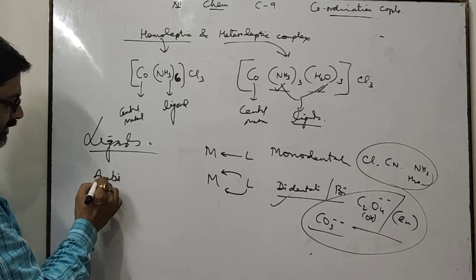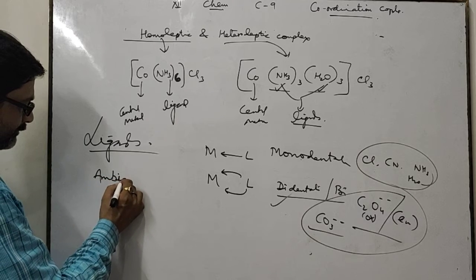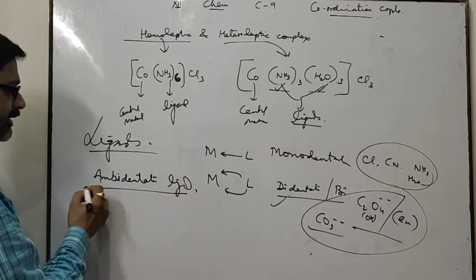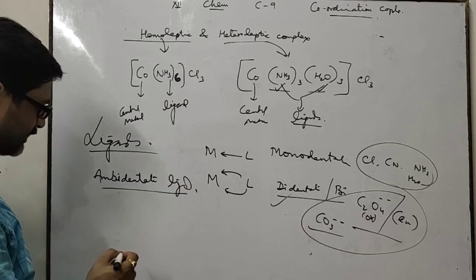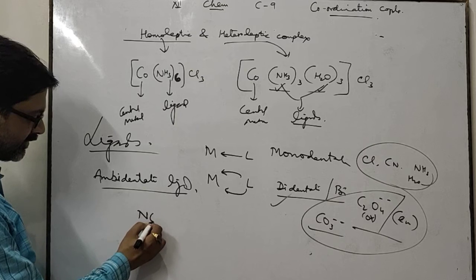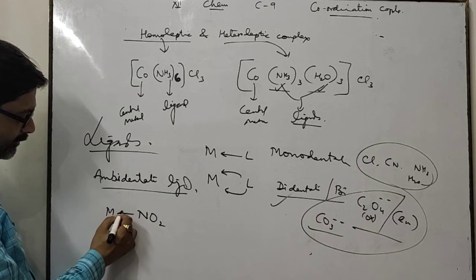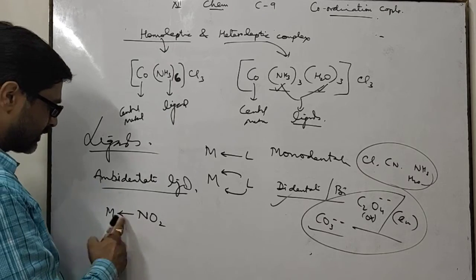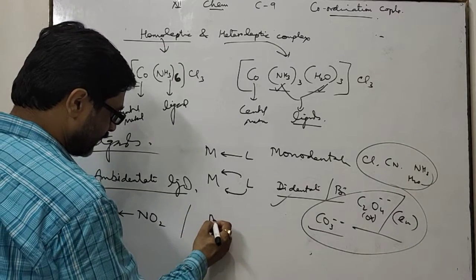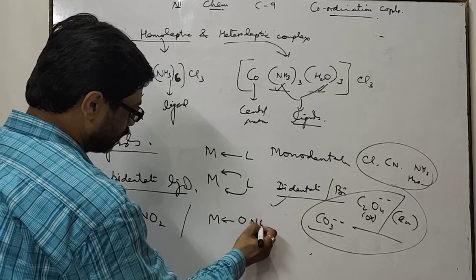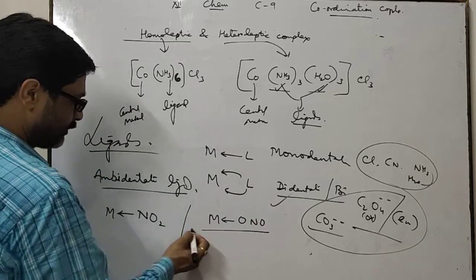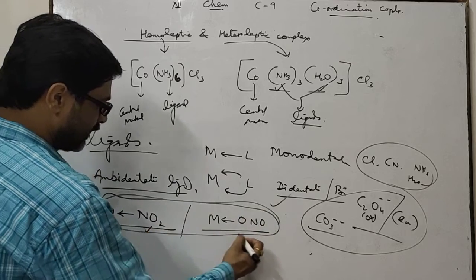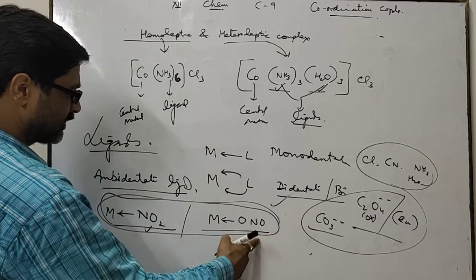Here one more special type of ligand is present, that is ambidentate. Ambidentate ligand. What is an ambidentate ligand? Ambidentate ligands are those ligands in which 2 atoms can form a coordinate bond with the central metal. Here N can form a bond and O can also form a bond.